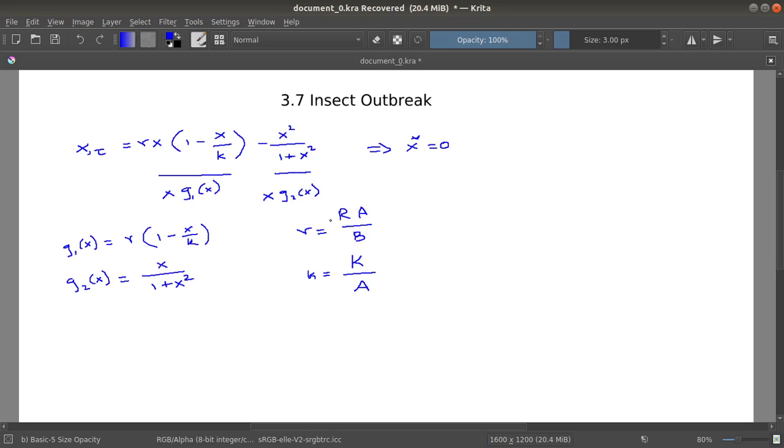So it not only depends on this capital R value, but also on this B. And if you see here, this k is proportional to this capital K, where this capital K is actually the carrying capacity for this insect, and that's going to go up if the number of trees goes up. So basically, if the number of trees goes up, my small k value is going to go up. Okay, so with this understanding, let's go back to the curve again.